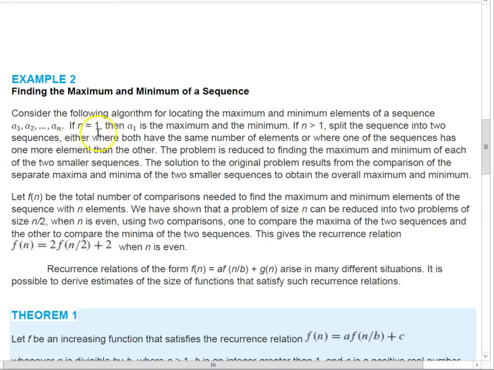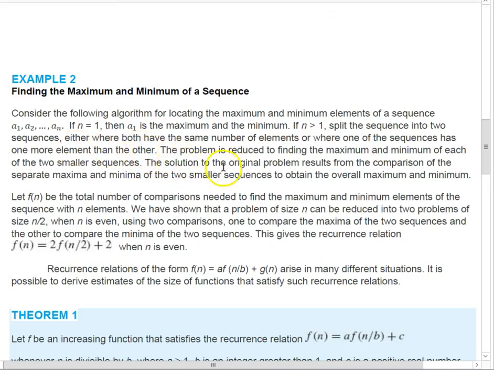If n is equal to 1, then a1 is the maximum and also the minimum of the sequence. If n is bigger than 1, split the sequence into two sequences, either with both having the same number of elements or one of them having one more element than the other.